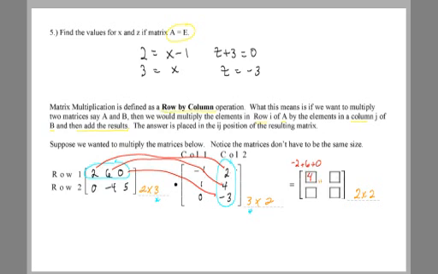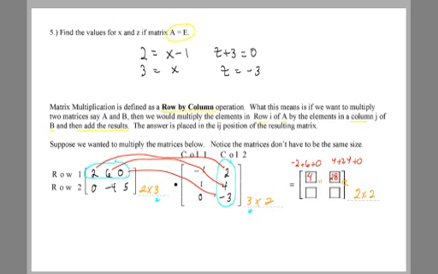So 2 times 2 is 4, 6 times 4 is 24, and 0 times negative 3 is 0. Then I take those 3 results and add them up. 4 plus 24 plus 0 is 28. And notice where I put that answer: in the first row, second column position, 1,2.